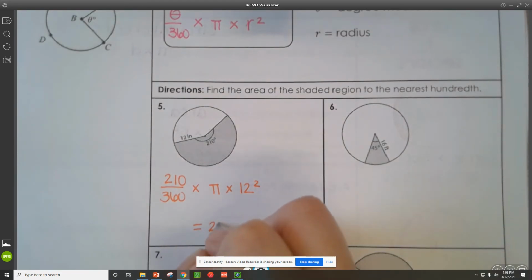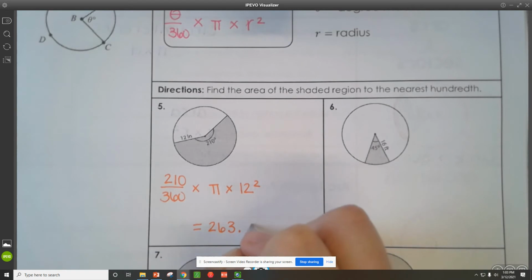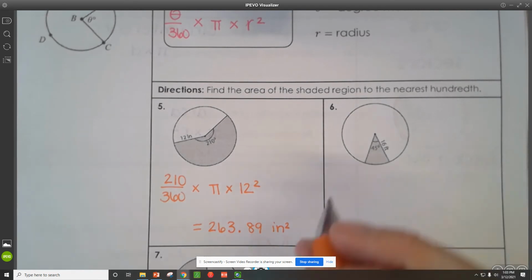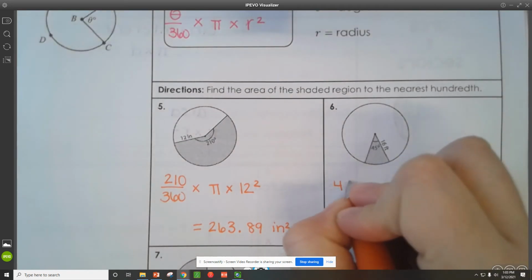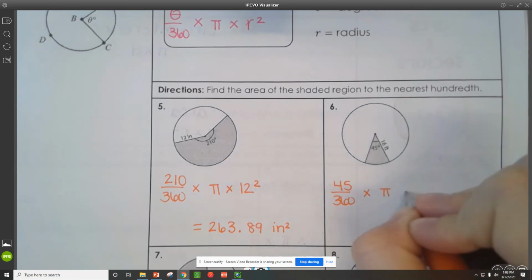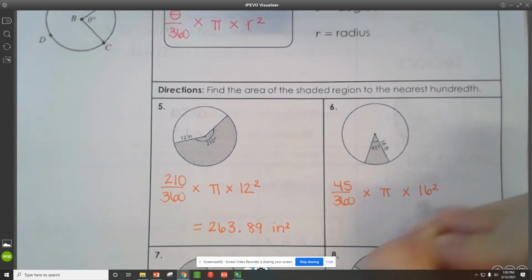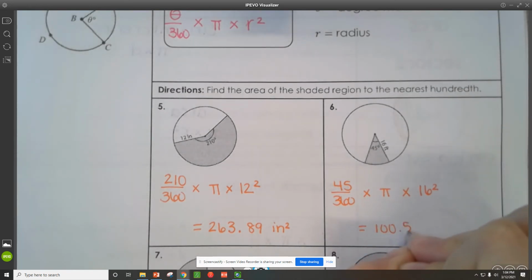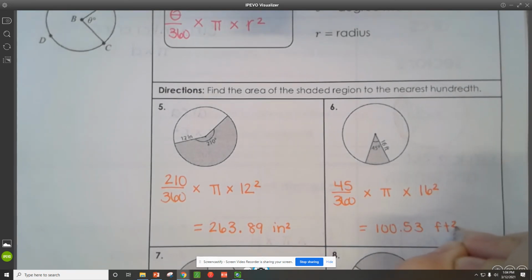And this is 263.89 inches squared. Then we have 45 over 360 times pi times radius squared, which is 100.53 feet squared.